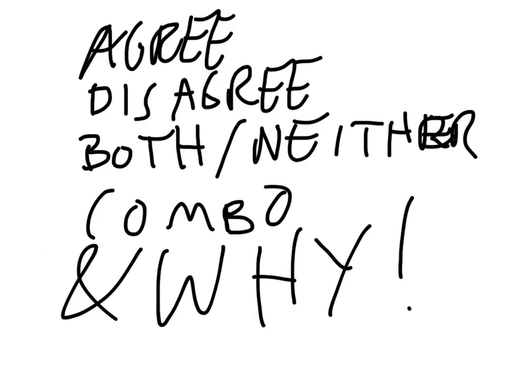So, what you want to do is to make sure that your reader knows whether you agree, disagree, both, neither, or a combination of the two, and why. And all you have to do is mark on the page something like question 2, and then mark where it is on the page. All right?